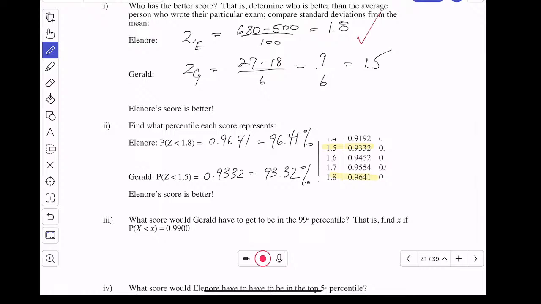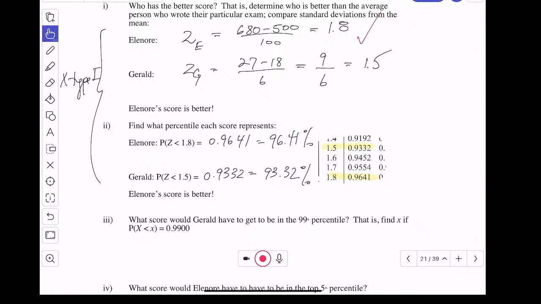Very good. All right, so together these make an X type 1 problem. I need to standardize first, and then I find the percentage, okay? So that's like an X type 1 problem if you do those together.